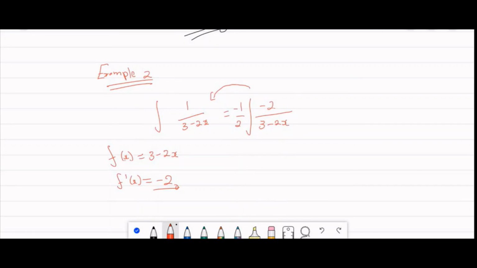So our integral is negative 1 over 2 ln of 3 minus 2x plus c. So this is how you integrate logarithms and exponentials.